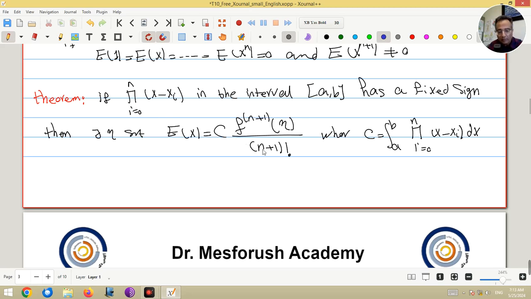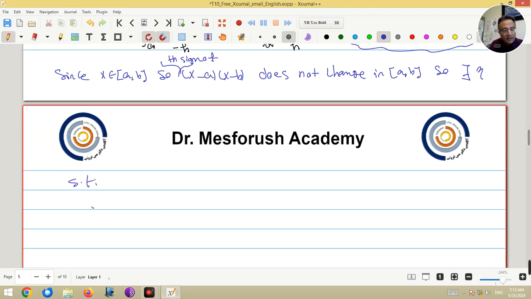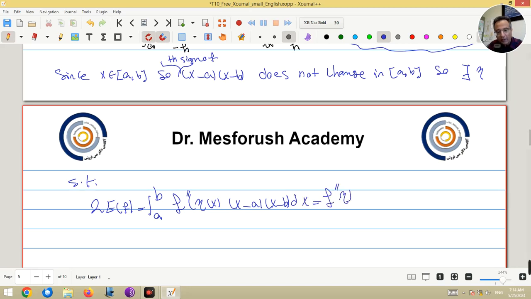Such that 2 times the error E of f is equal to the integral from a to b of f double prime eta of x times x minus a times x minus b dx, which equals f double prime at eta times the integral from a to b of x minus a times x minus b dx.